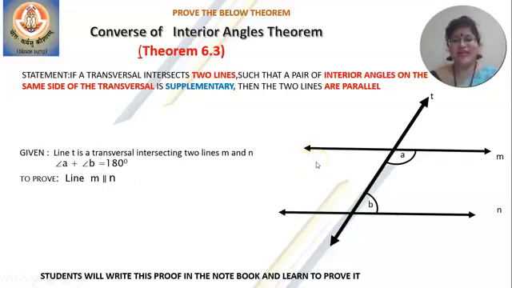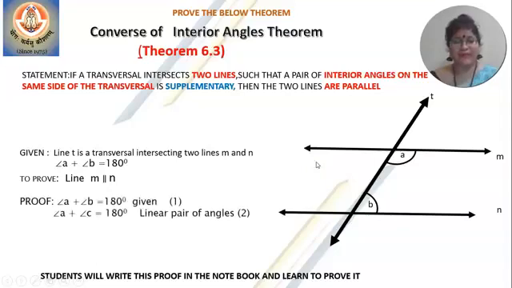So let's take angles in a linear pair. So A plus B is 180, which is already given. A plus C is equal to 180, angles in a linear pair. So I've taken these two as linear pair of angles. You could take a linear pair to A or you could take a linear pair to B. The choice is yours. Both are equally correct.